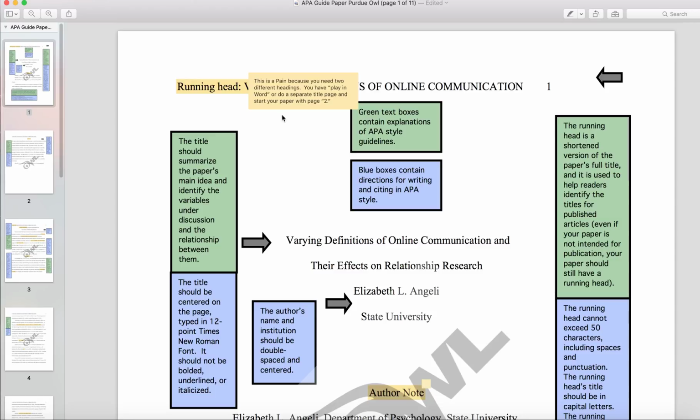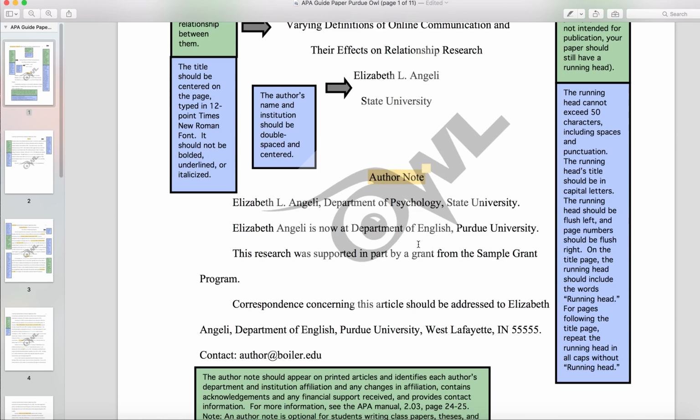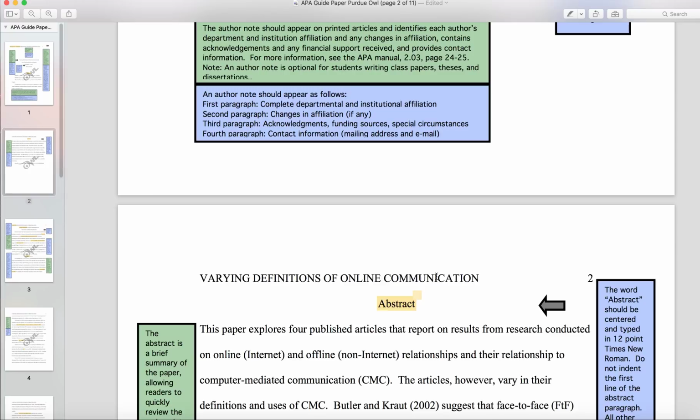There's a way to do it as far as the pagination, but sometimes I just make a separate page. So I'll have my title page here, and then when I get to page two, where my paper begins, you'll start your numbers at two, so you'll almost have two different documents.